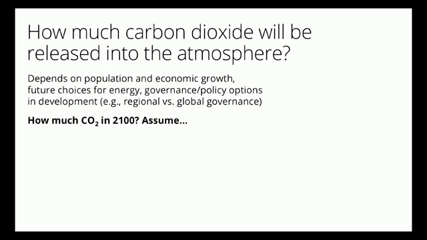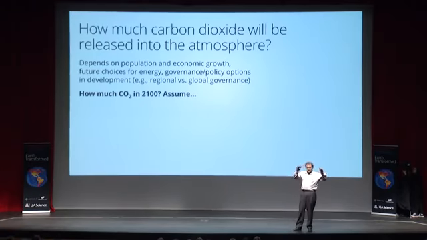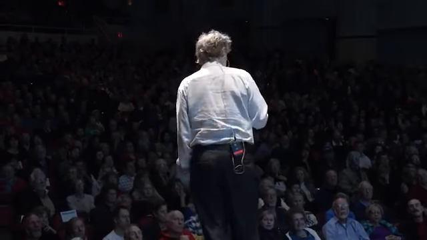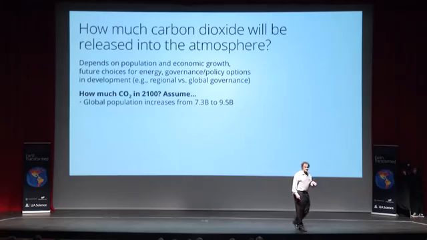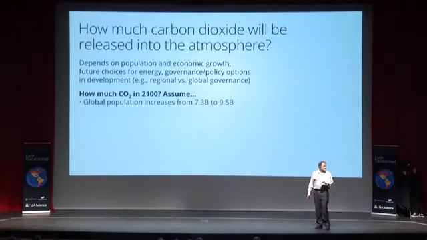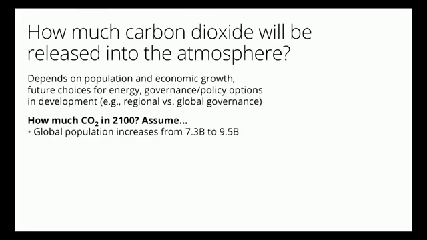But we can actually make a pretty good estimate here. I'm going to ask you guys to do this. How many molecules of CO2 in the atmosphere today? 400. Let's say the global population increases by 30% from 7.3 billion to 9.5, which is the current estimate, and they've been pretty stable for a little while now.